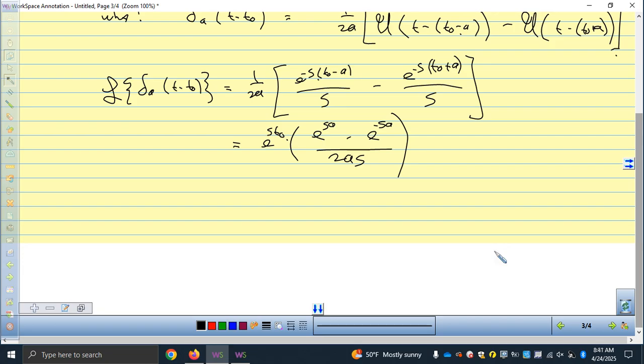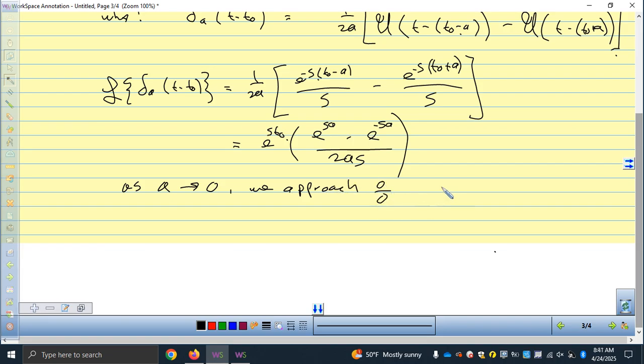So as a approaches 0, if we take the limit as a approaches 0, this gives us an indeterminate form. We approach 0 over 0.